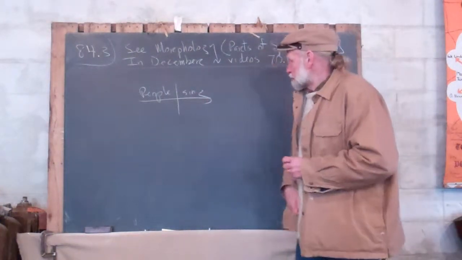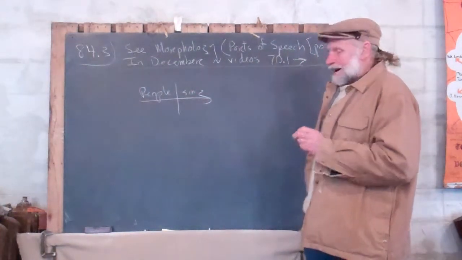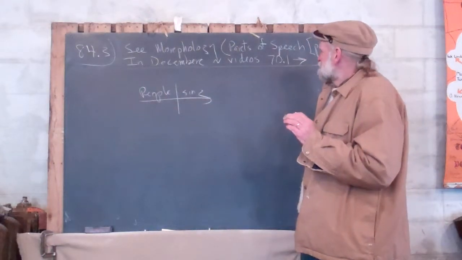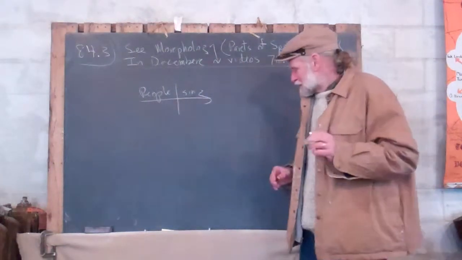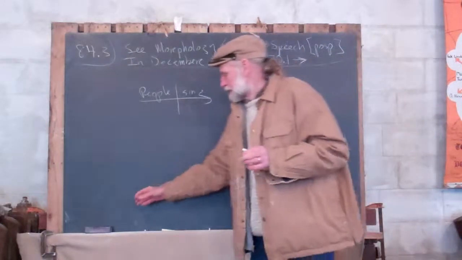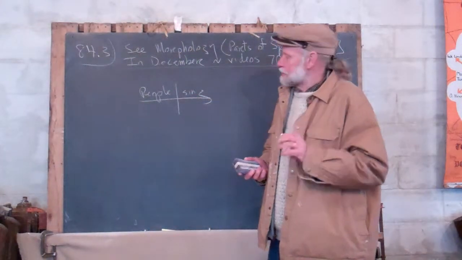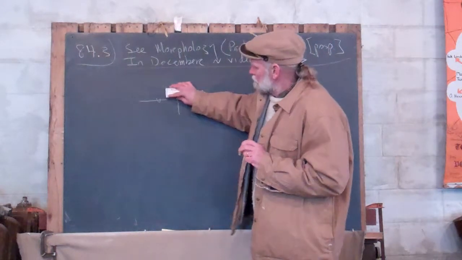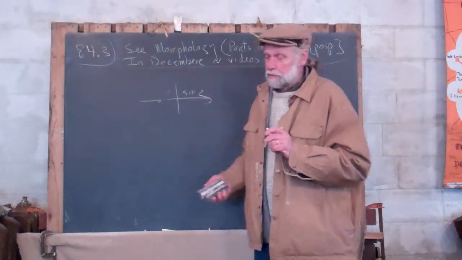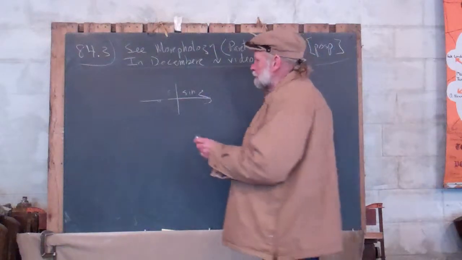That is a clause. Now, back in morphology, I taught that a subject very often will be a noun, but not always. A noun can be more than one word. This could be a phrasal noun.